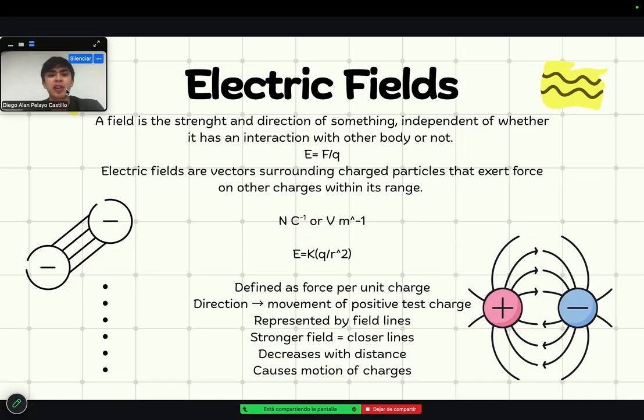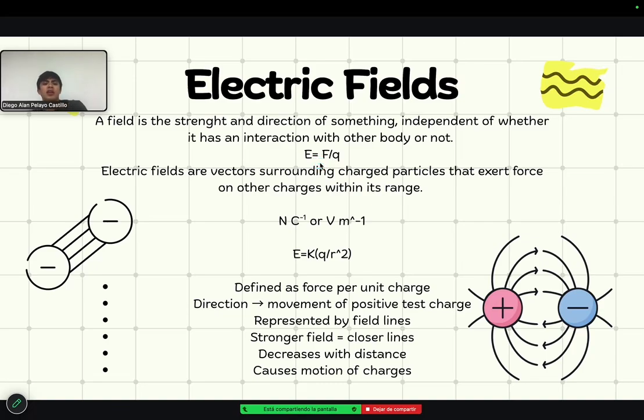However, electric fields have no relationship with this kind of interaction, and so electric fields can be known as the source for electric forces to exist. And this is represented by this formula.